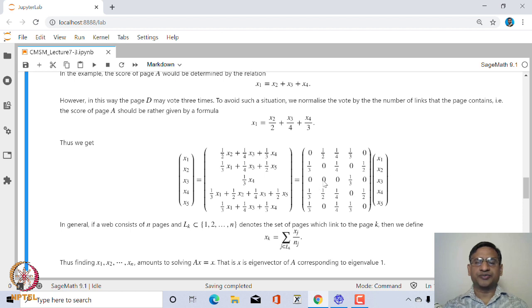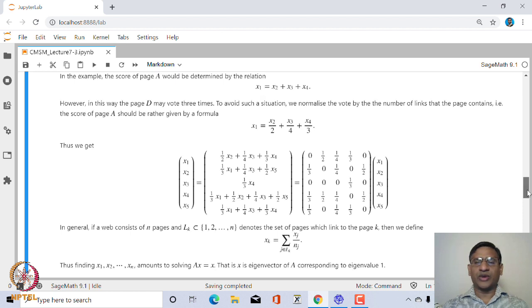Finding eigenvalues and eigenvectors is not a big task. Also, if you notice, in this matrix each column sums to 1, therefore this is called a column stochastic matrix. Similarly you can define a row stochastic matrix. And each entry is non-negative because it is a probability.